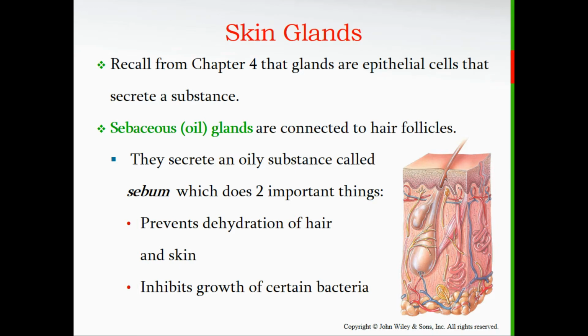Number one, it prevents dehydration of the hair and skin, keeps it moist and prevents it from becoming dry and brittle, and then inhibits growth of certain bacteria, not all, but certain bacteria. So the oil that we secrete is supposed to keep our hair from becoming dry and brittle. But it is oily, and it gives our hair what we have deemed to be that dirty, oily look.